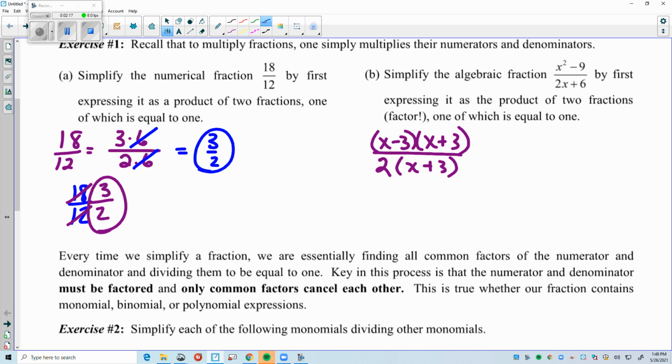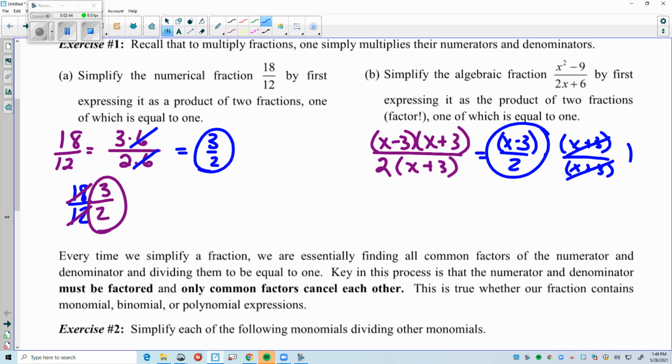Okay, so again, I can see, as it says up here, one of these fractions is going to be equal to 1. Well, I could rewrite this and say this is x minus 3 over 2 times x plus 3 over x plus 3. Well, this x plus 3 over x plus 3, that's an equivalent fraction to 1, okay, leaving us with this as the answer.